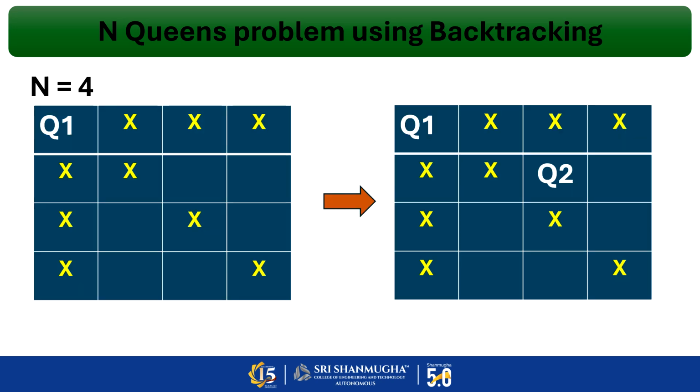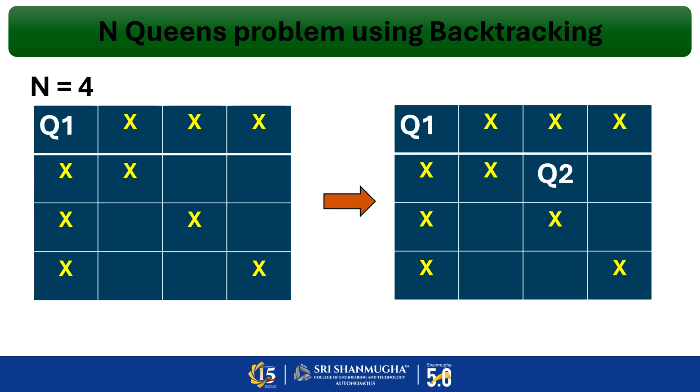Now this is the matrix. Okay, n equal to 4. That means we have 4 rows and 4 columns. We have 2 tables here. I have represented 2 tables. First look at the first table on the left hand side. In the first row, first column, I am placing Q1.